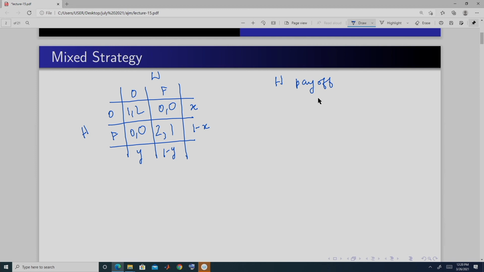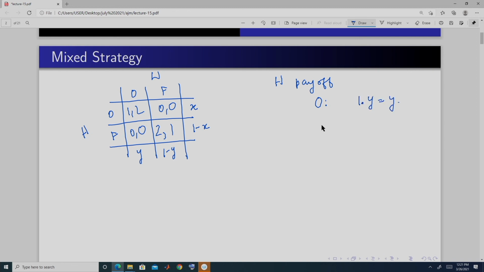Okay, so payoff from O is, if it plays O, there is a chance that it will get 1 with probability y and 0 with probability 1 minus y. So the payoff from playing O is 1 into y, which is y.